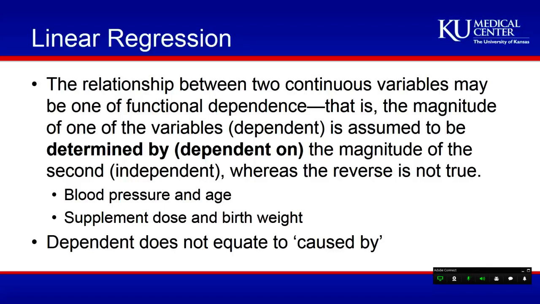Now, one of the caveats to this is that being dependent on something does not mean it is caused by. We can actually establish causality using regression, but causality is determined by the experimental design, not the statistical analysis method.